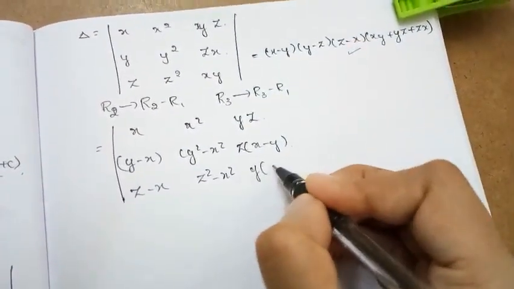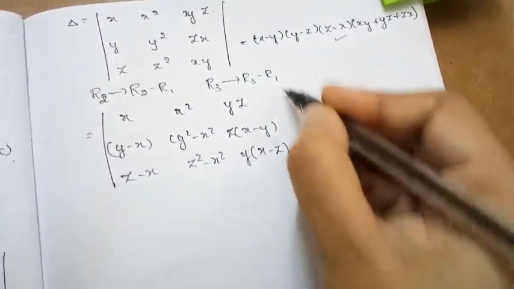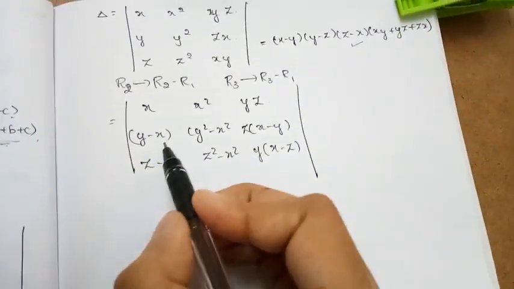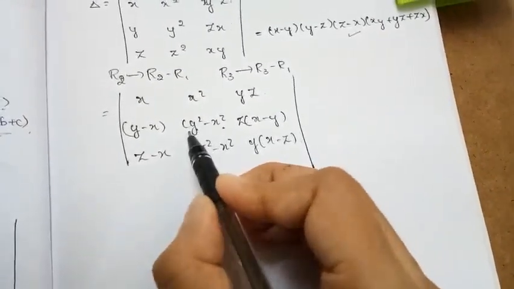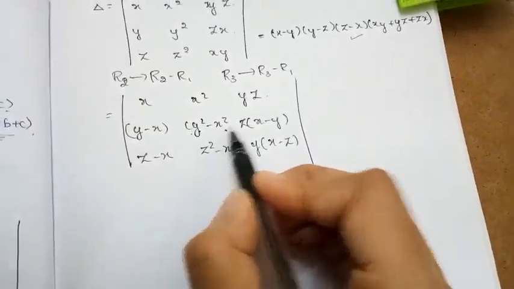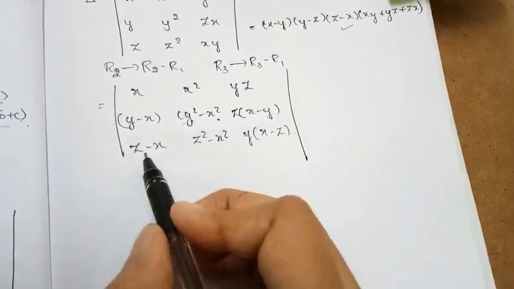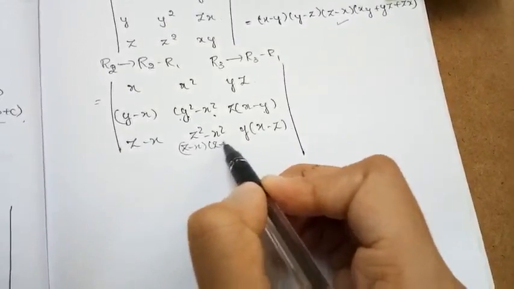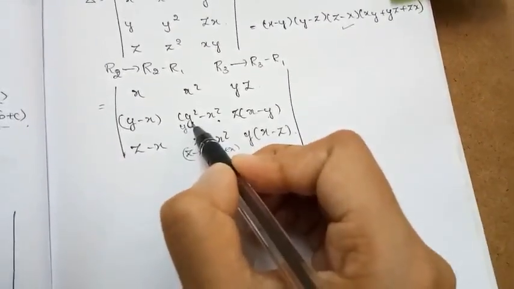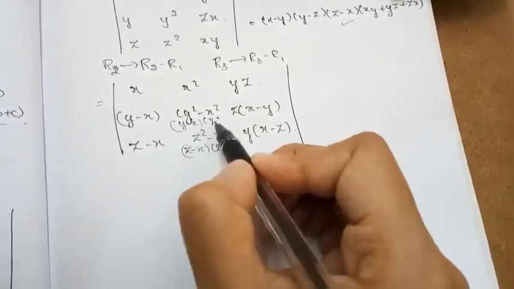Looking here, y is common, x minus z. So this is what we got. But from here we have y square minus x square, which is nothing but y minus x into y plus x. Here we have x minus y. Here also, z square minus x square is z minus x into z plus x. For your convenience I will write here y minus x into y plus x.